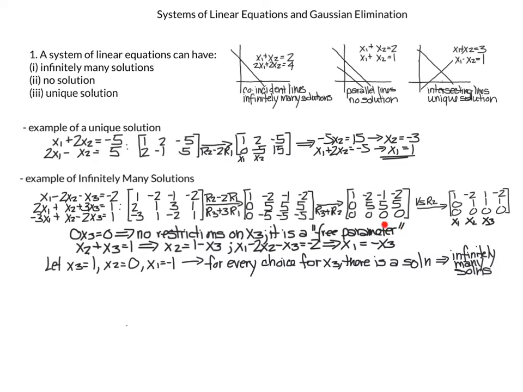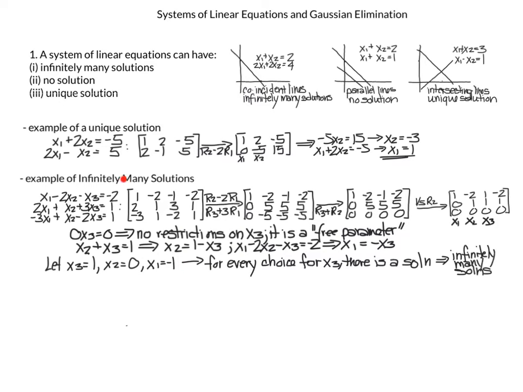So I can choose a solution for x3. I'll just choose 1. It's a small number. And you could have chosen 0. Maybe that's even a better way to do this. But I chose 1. And then x2 is equal to 1 minus x3, so x2 is 0, and x1 is going to be minus 1.